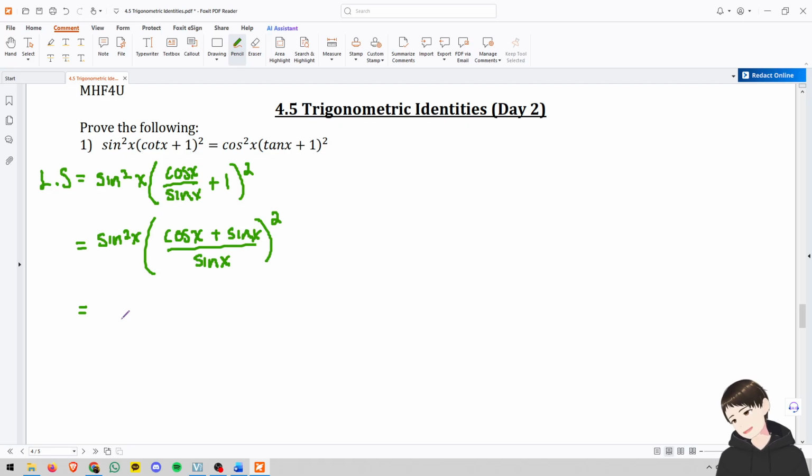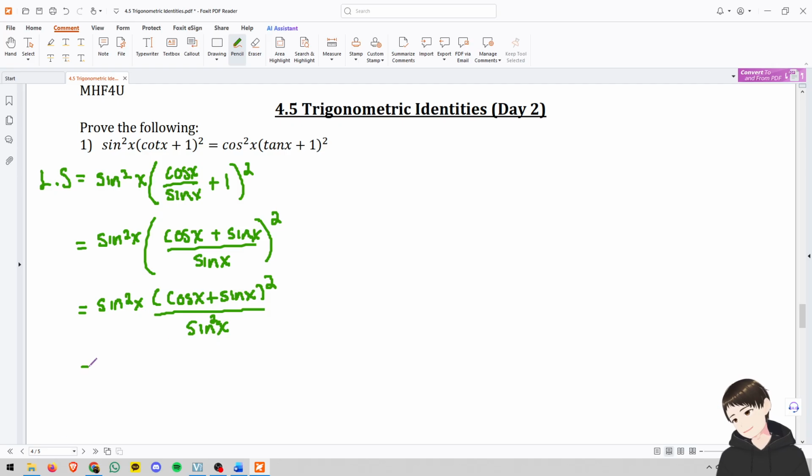If I apply the square to this, I'm going to do it in pieces using my exponent laws. I know that if I have an exponent on the entire fraction, it applies the exponent to the top and the bottom.